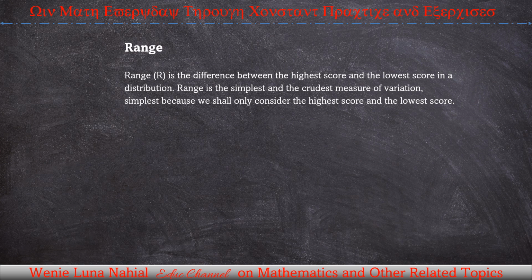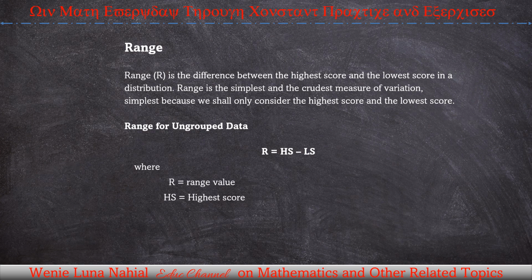That is your range. Range for ungrouped data: R equals highest score minus lowest score, where R is the range value, H is the highest score, and L is the lowest score.